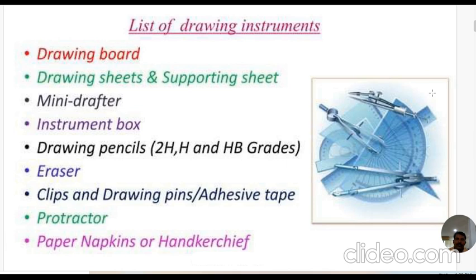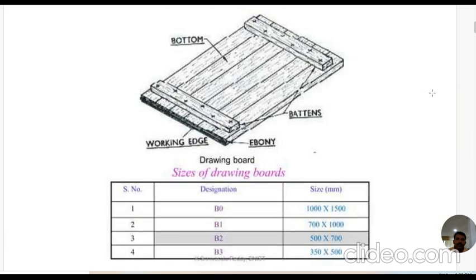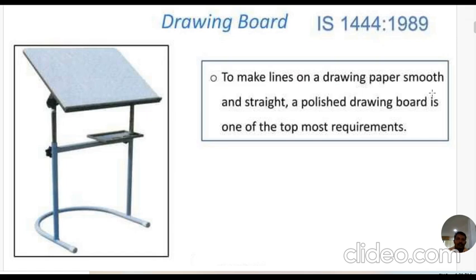In this list of instruments, the first one is the drawing board. The drawing board helps in making lines on the drawing paper smooth and straight. A polished drawing board is one of the topmost requirements.